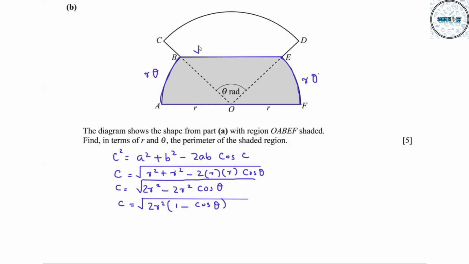So this is the length of this side, 2r square, 1 minus cos theta.